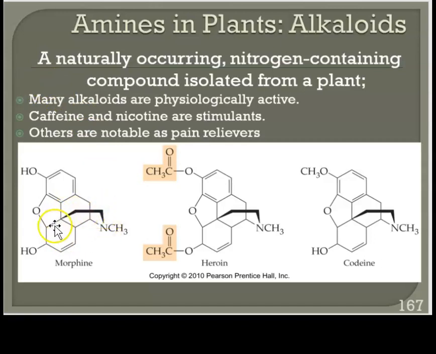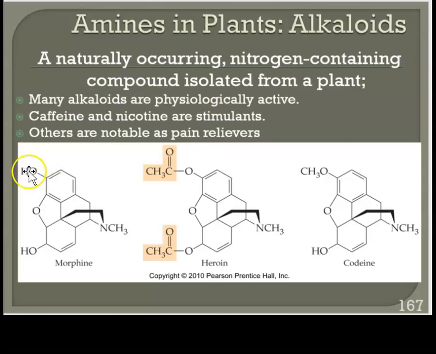Morphine, we have nitrogen-based compounds here, heroin, codeine, and many of these alkaloids are physiologically active in humans. Caffeine and nicotine, for example, are stimulants. Some are pain relievers. What do you notice about the differences between these drugs? If you look at these, there's not a very big difference, right?